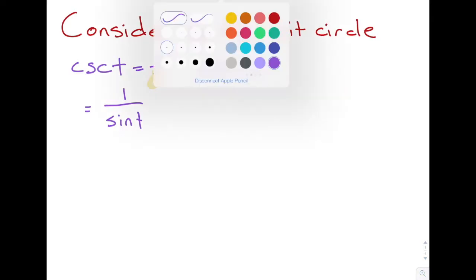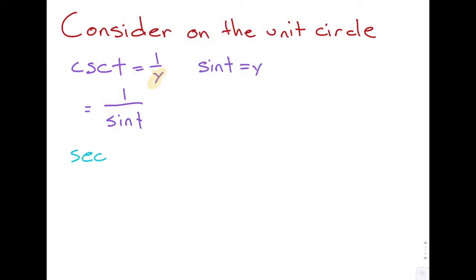So we could also say for secant t, which equals 1 over x, since cosine of t equals x, that secant of t equals 1 over cosine t.